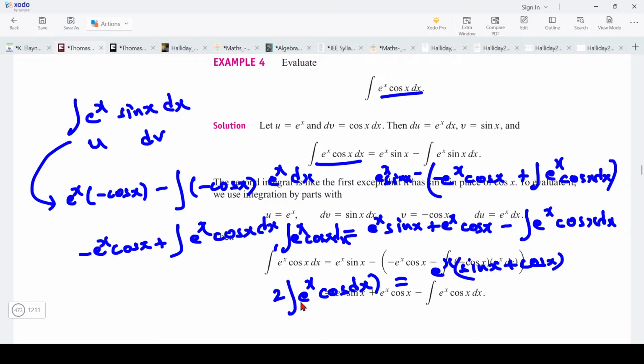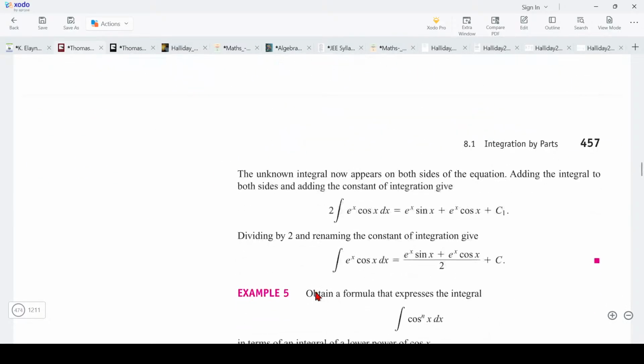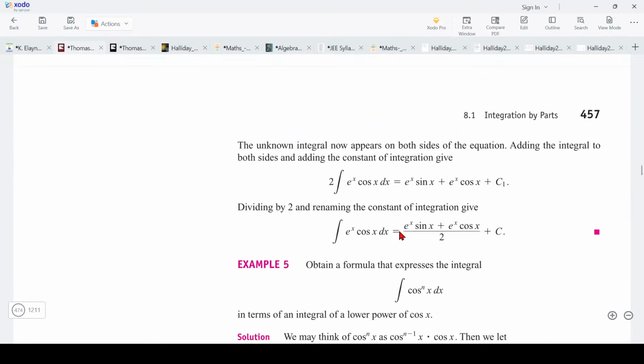So what becomes of integral of e power x cos x dx? It is e power x of sin x plus cos x by 2. This 2 we can bring here, and then put a constant of integration, right? So that is what we are getting. Understood? Clear?